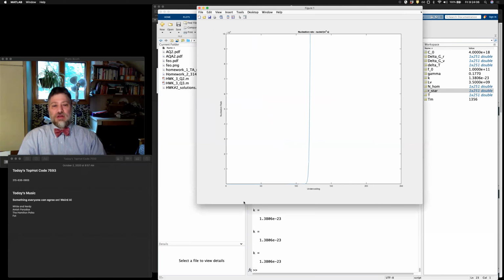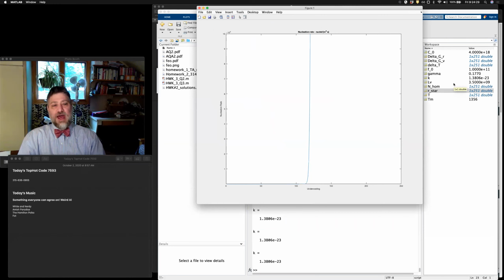So what you get, if I plot the nucleation rate on a linear scale, is that somewhere right around an undercooling of 120 Kelvin, we get essentially a step function in the nucleation rate.